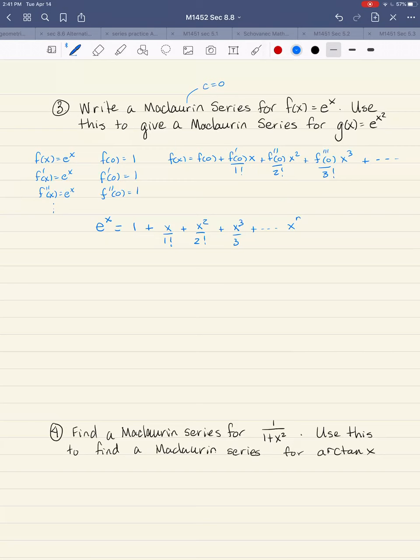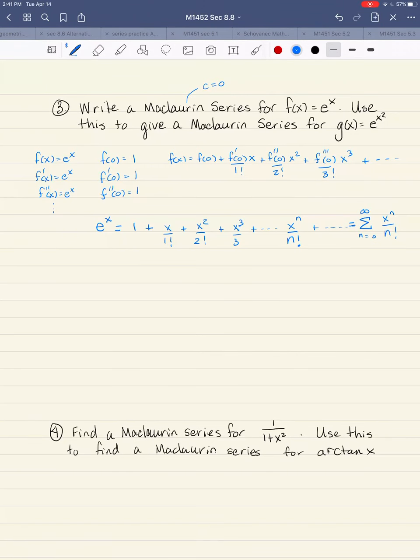So I can go ahead and generalize that this looks like x to the n over n factorial, right? In fact, we noticed a couple of examples ago that if n goes from 0 to infinity, x to the n over n factorial is the way we can write this series in its summation form.